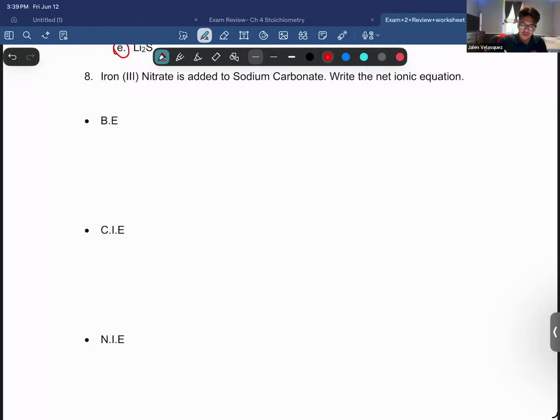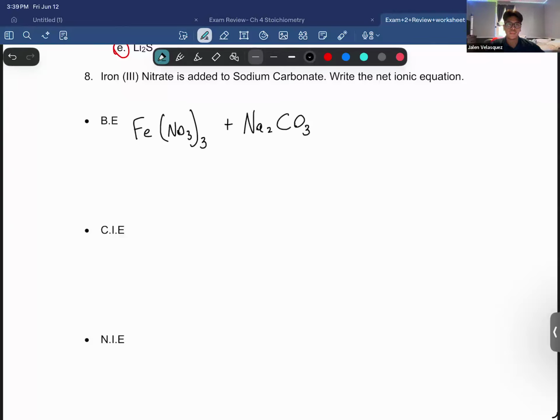Iron 3 nitrate is going to be Fe(NO3)3 plus sodium carbonate, which is Na2CO3.